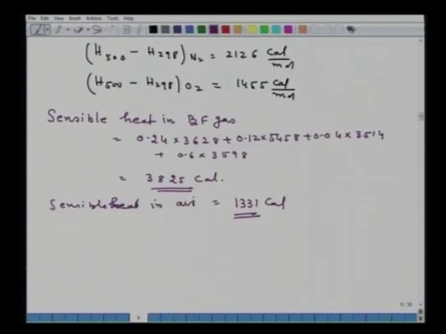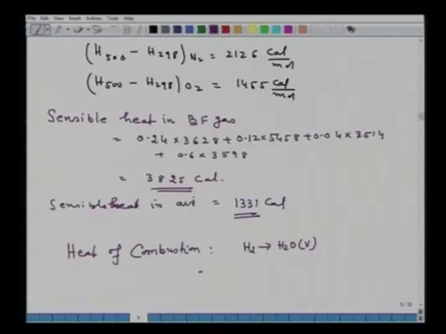Now, I have to calculate heat of combustion. Now, in this particular blast furnace gas, the combustible components are CO and H2, and I am considering H2 will go to H2O and it will form vapor state.